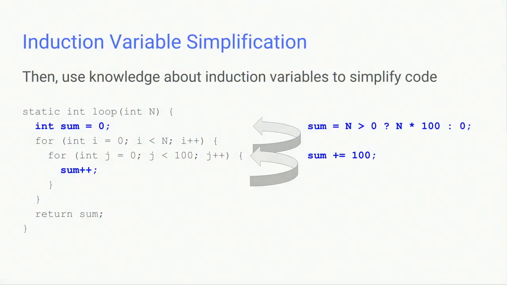So let's look at which loop optimizations can benefit from induction variables. Here you see a somewhat synthetic example where the compiler can easily see that in the innermost loop, the increment to sum actually is very predictable. Since the loop only iterates 100 times, it can replace the sum, hoist it out with a closed form expression that just adds 100 at a time. After you've done that, you can hoist it again out of the next loop if you take a little bit of care of the fact that the loop may not be taken when n is negative.